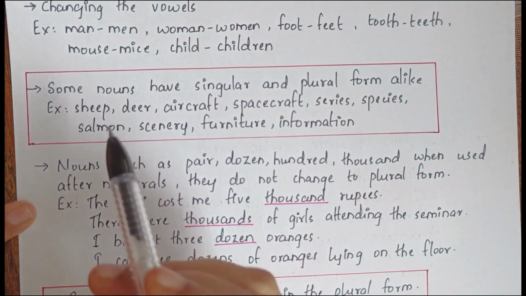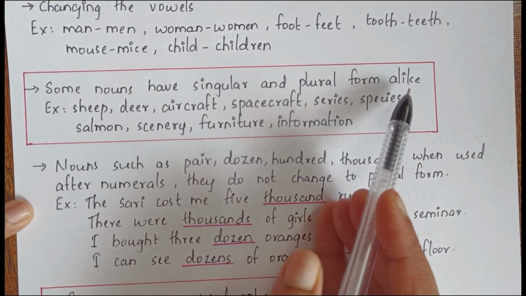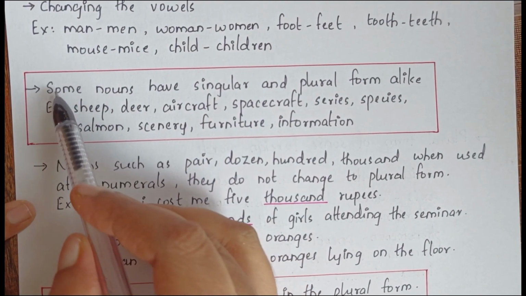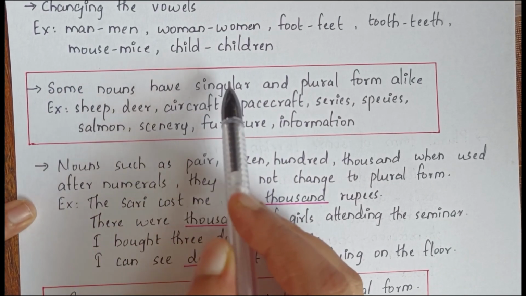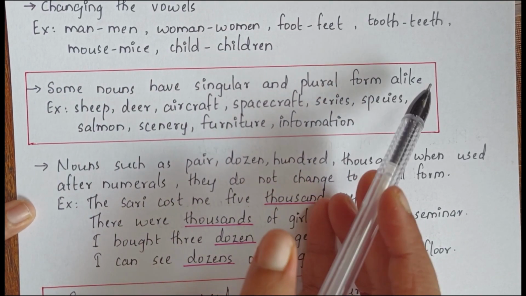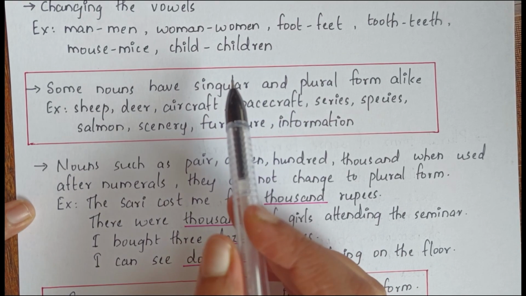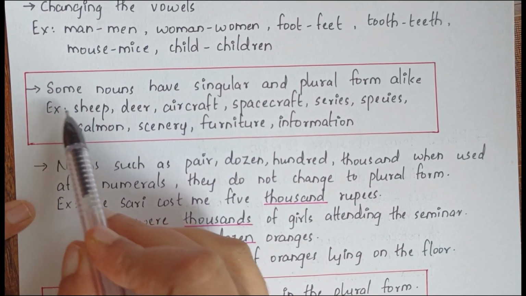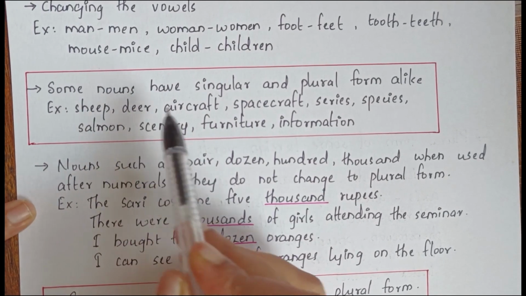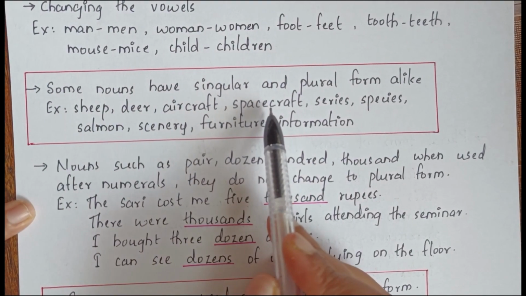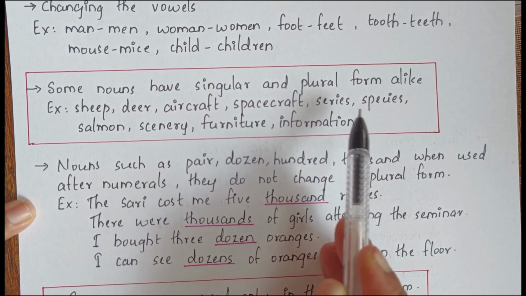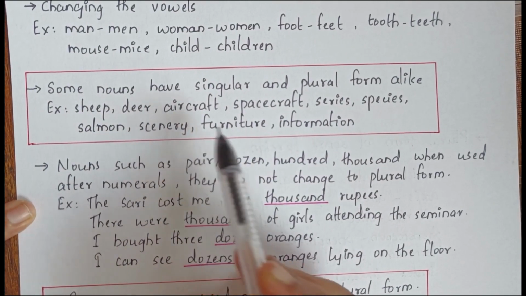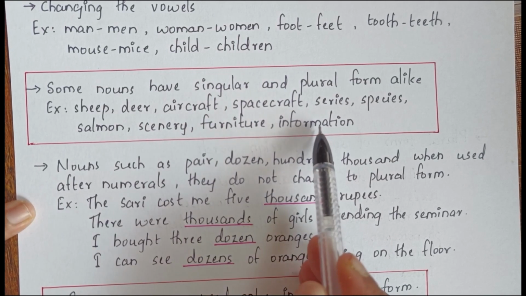And this is a very important grammar rule you need to know: some nouns have singular and plural forms alike. That means their singular form and plural form are the same. There is no change. For example, sheep, deer, aircraft, spacecraft, series, species, salmon, scenery, furniture, information.